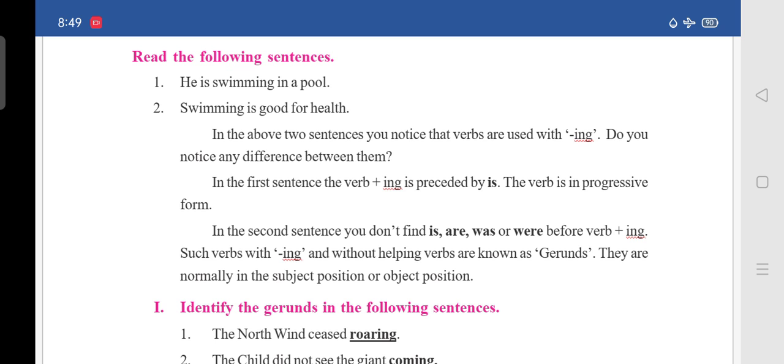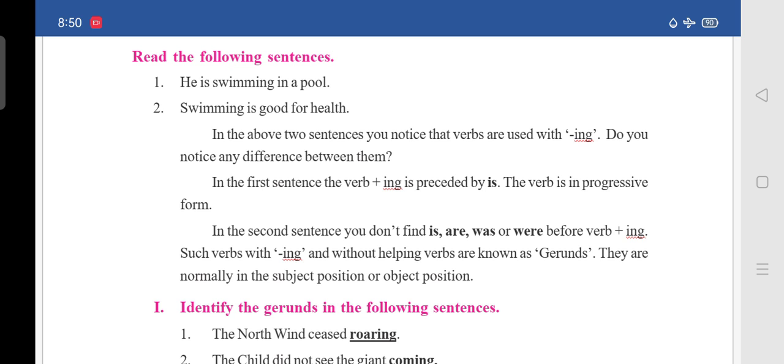So here if you see in the first sentence, he is swimming in a pool. So here verb plus ing is preceded by is in the first sentence. So that we call it as progressive form. Whereas in the second sentence there is no is, are, was or were before verb plus ing.